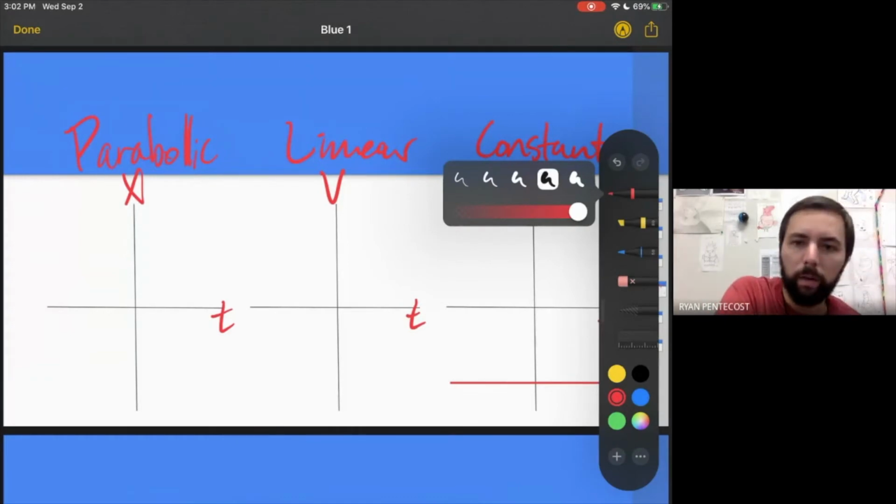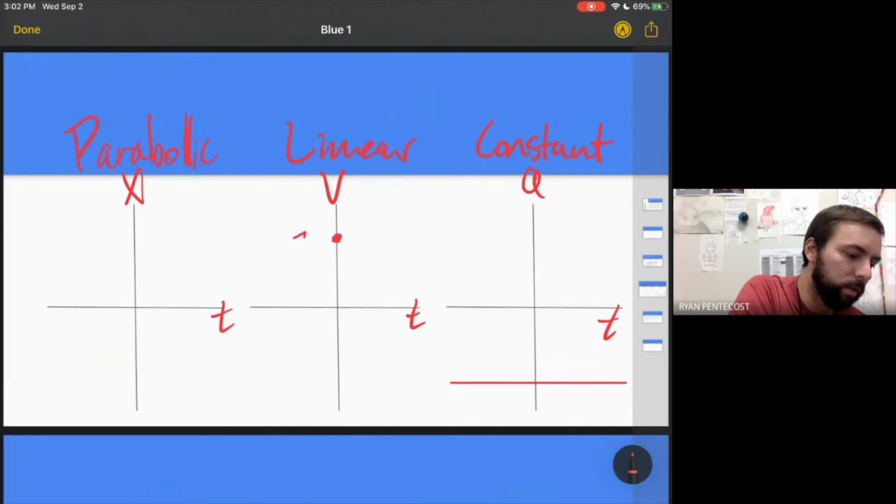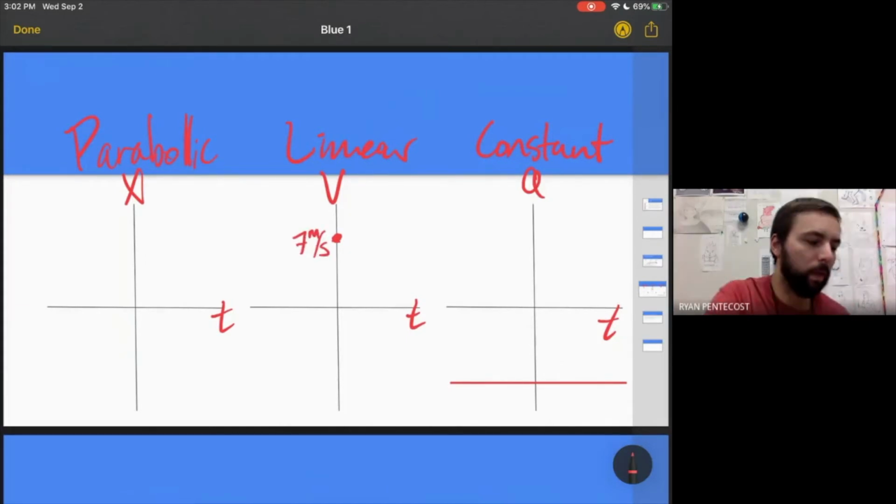Then our linear, we know we have an initial, now our initial velocity is positive, so that is going to be positive 7 meters per second. So we will have the same slope as last time. It is just going to be from a different starting point.